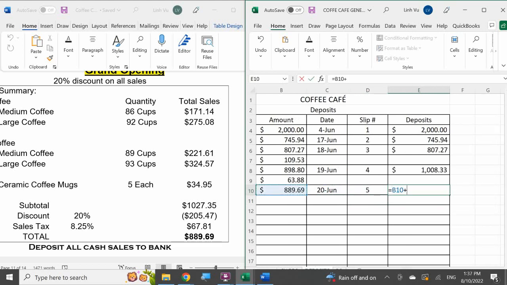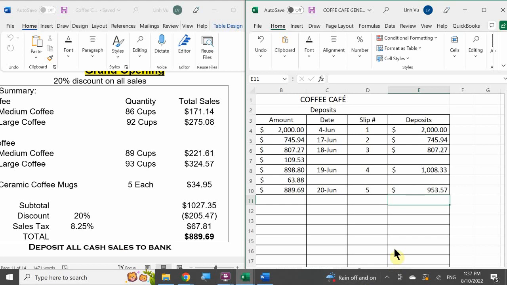For a grand total amount of? We have to deposit the check that we received today. So I have 953.57. Good. 953.57. Okay, good.